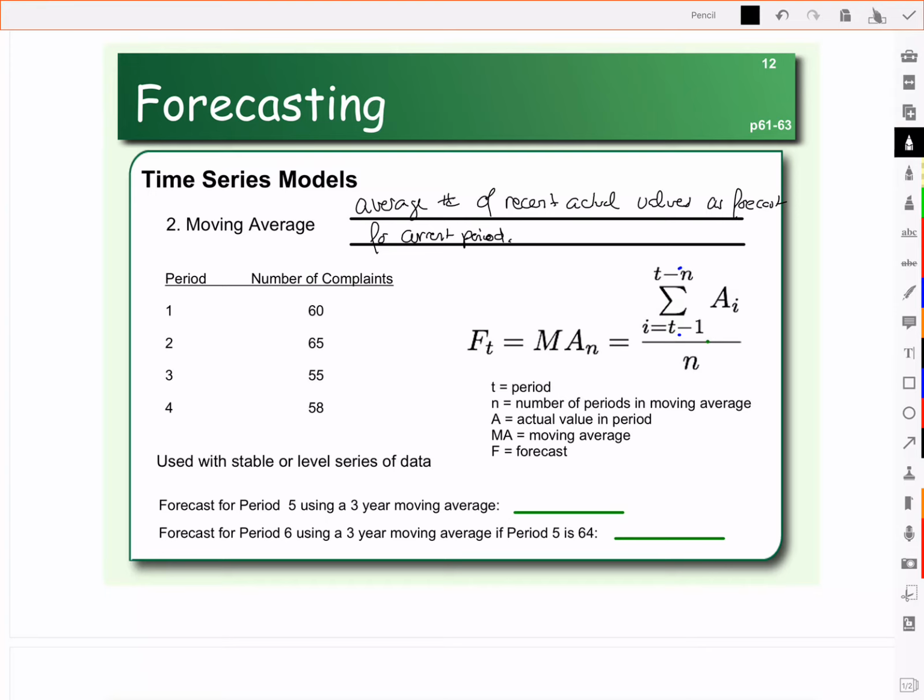Okay. That average gets updated as we move further along in time. So the formula for forecasting with the moving average looks like this.